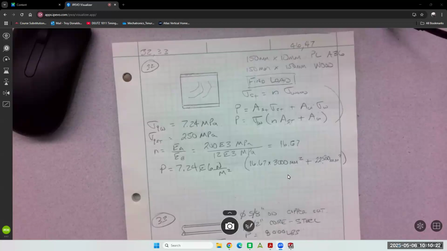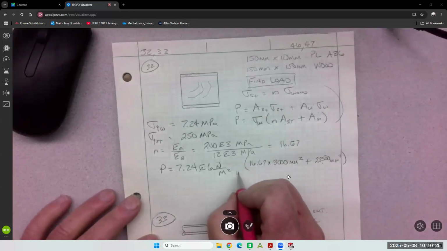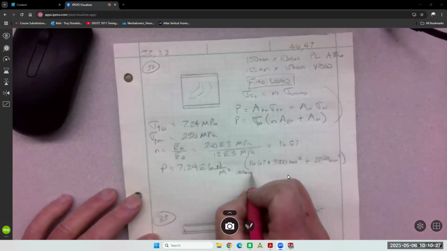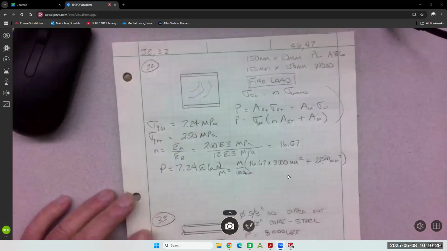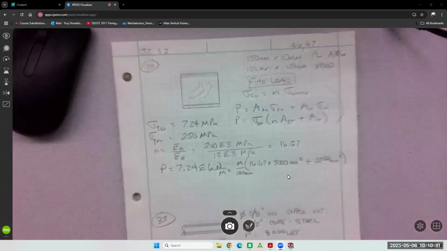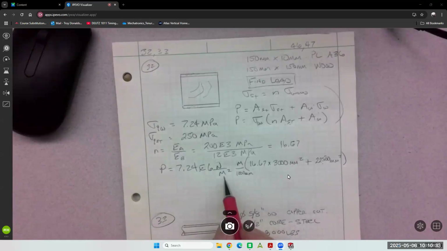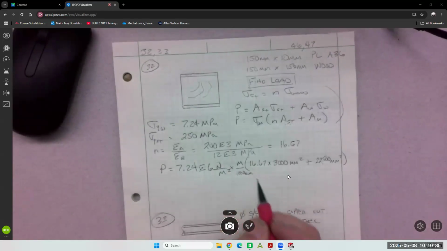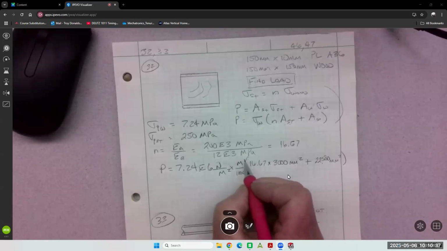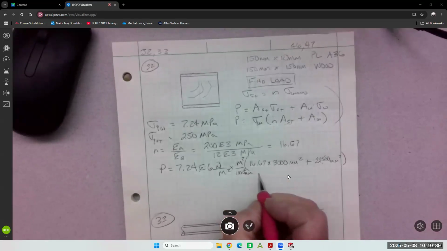There are 1,000 millimeters per meter, correct? But I need square, so I have to square everything.